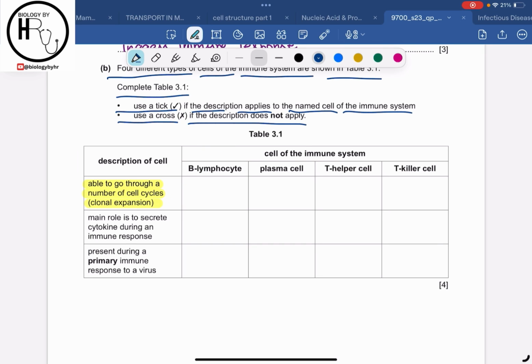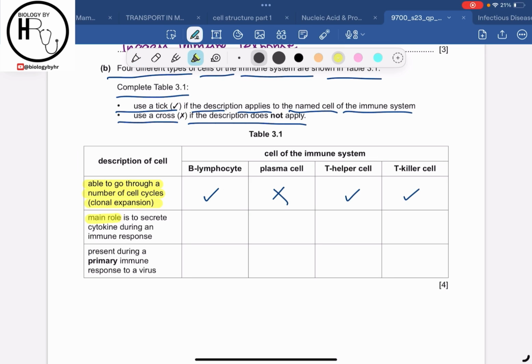And the T helper cells and T killer cells can also go through repeated cell division for clonal expansion. So B lymphocytes, T helper cells and T killer cells can, but the plasma cells cannot go through clonal expansion, right?